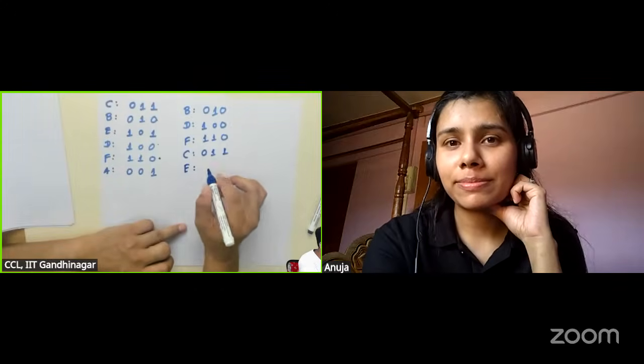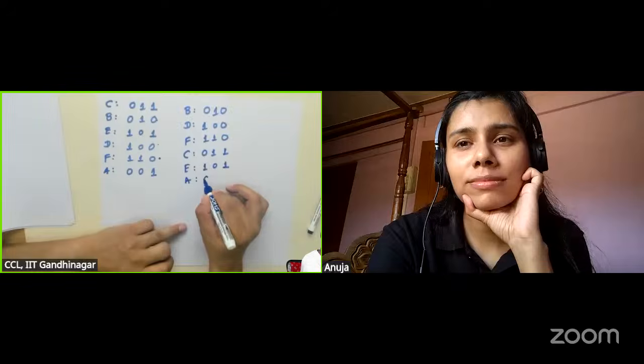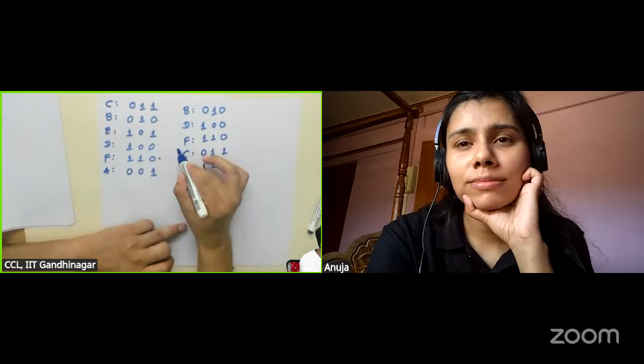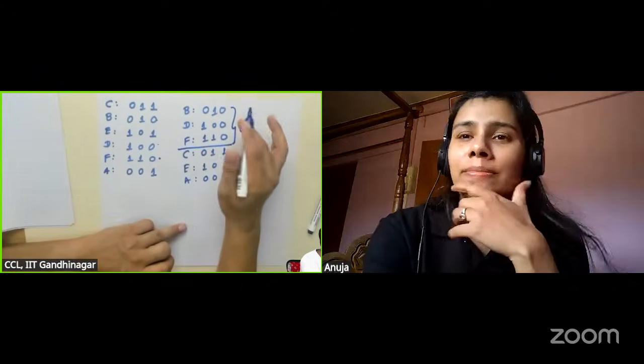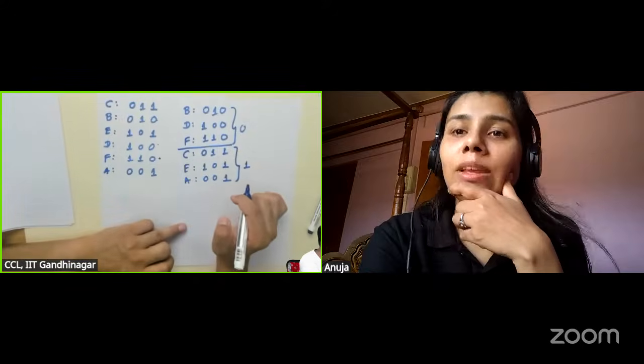Then followed by E for elephant, which is 1 0 1, and the last one should be A. So this is a set with all the zeros. They have maintained their own order in the shuffled cards. These are all the ones with the one. They have maintained their own set of cards.